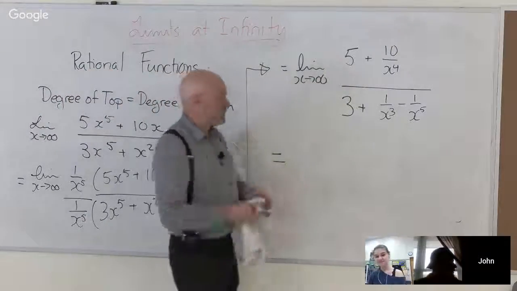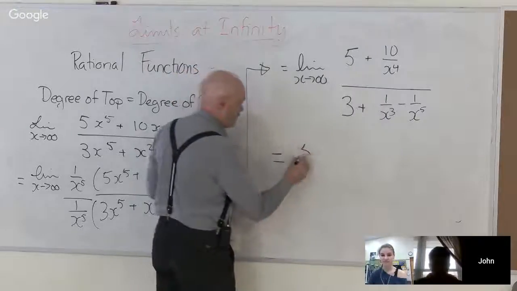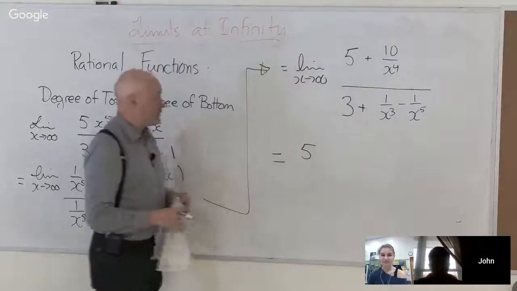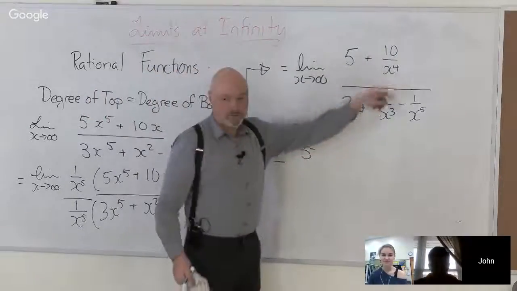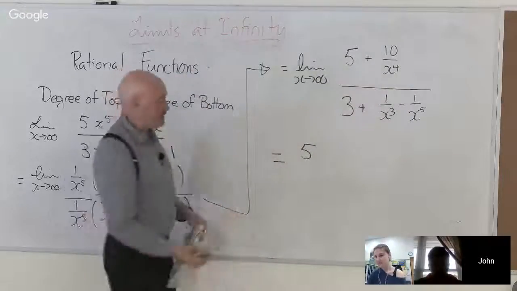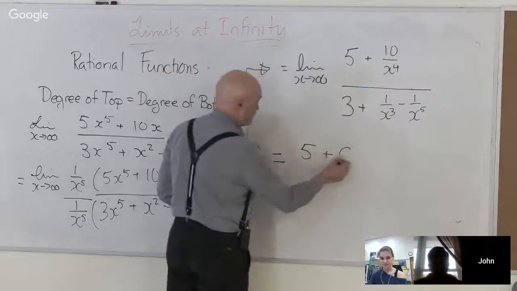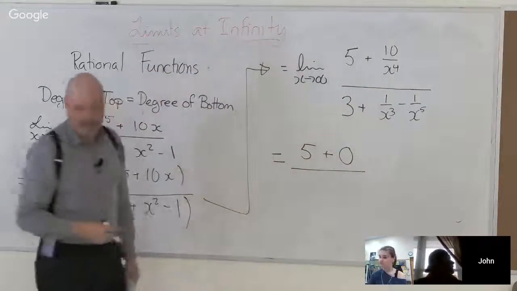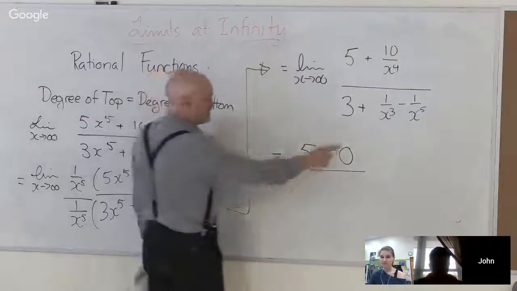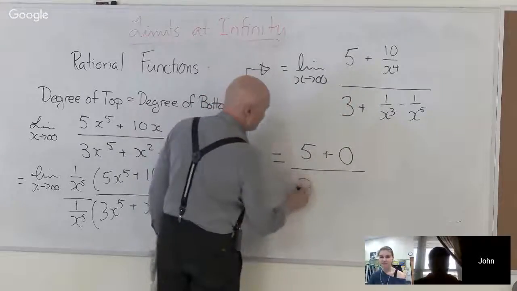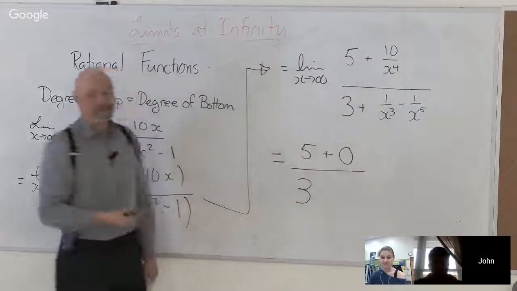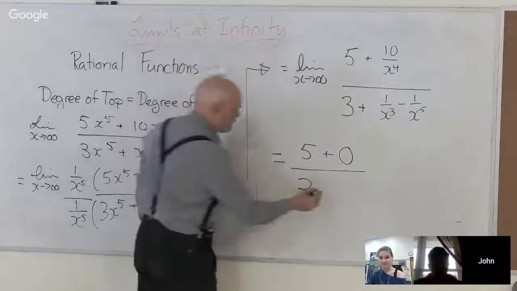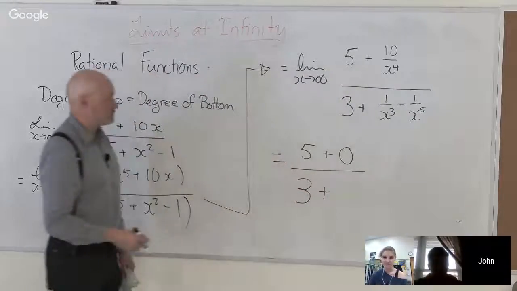Okay. As x goes to infinity, 5 stays cool. 5 was born in the 70s. Okay. 10 over x to the 4th, though, I'm pretty happy to say that's pretty much 0 as x goes to infinity. Born in the 90s. Okay. So here we go. 3 as x goes to infinity also stays cool, even though it was the parent of 5, which was born in the 70s.